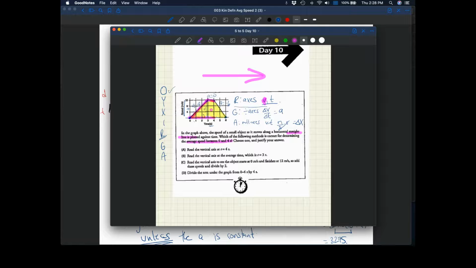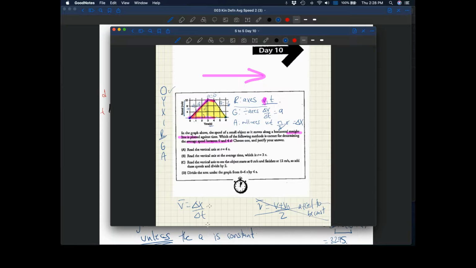The first is the total distance over the total time. The second is the initial plus the final speed over 2. But this one requires the acceleration to be constant. And what we already figured out is it's 4, 0, minus 6. It's not constant, so we can't use this.